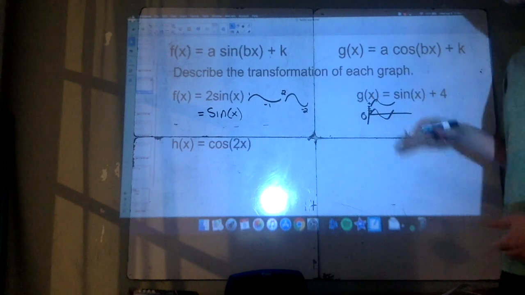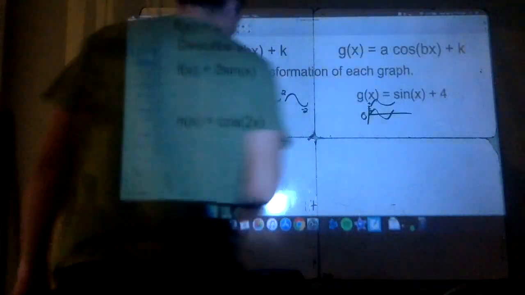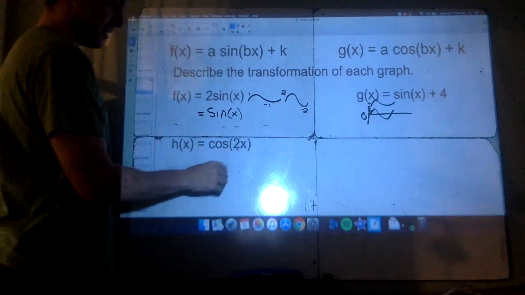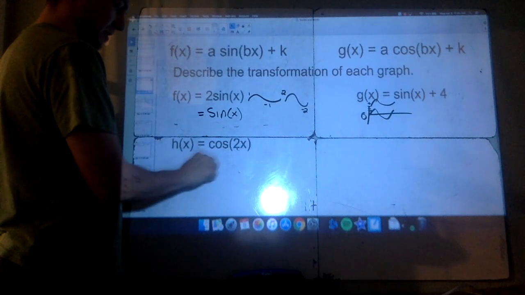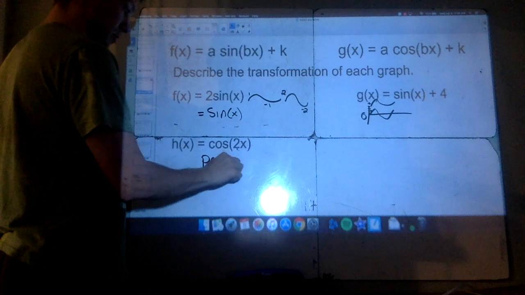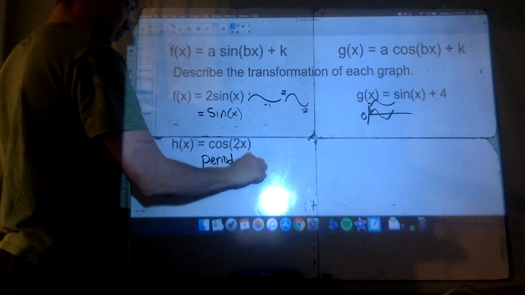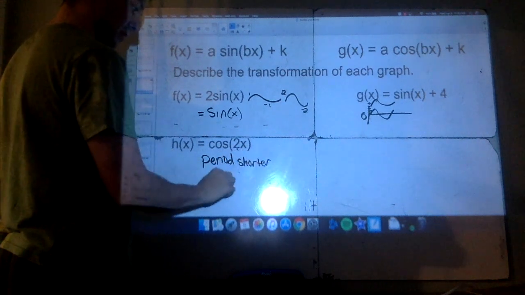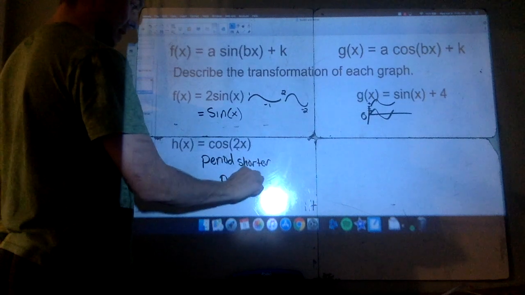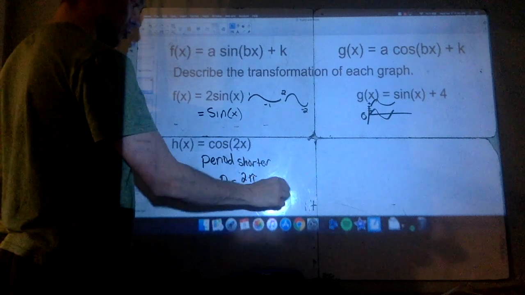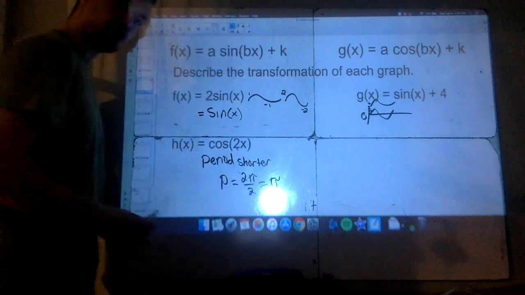So it shifted it up 4 units. And then the last one is the 2 made the period shorter. So if we did the period is 2 pi divided by 2, instead of 2 pi as a period, it was just pi.